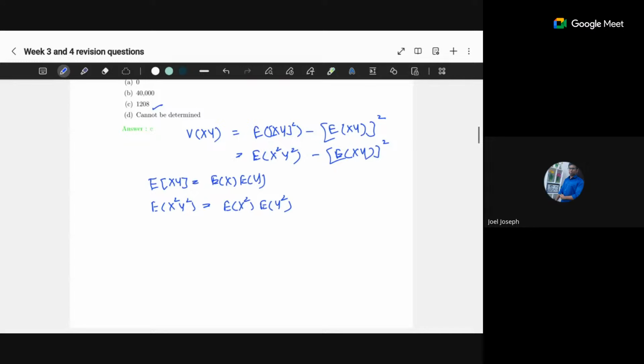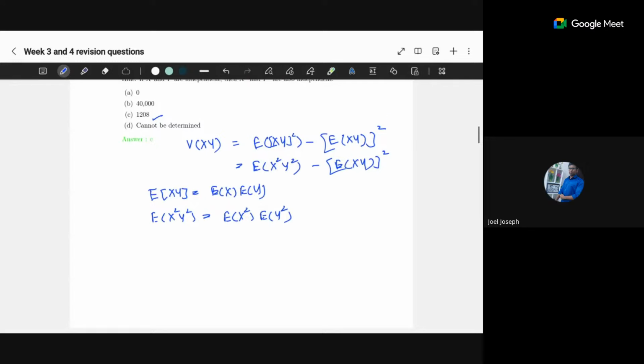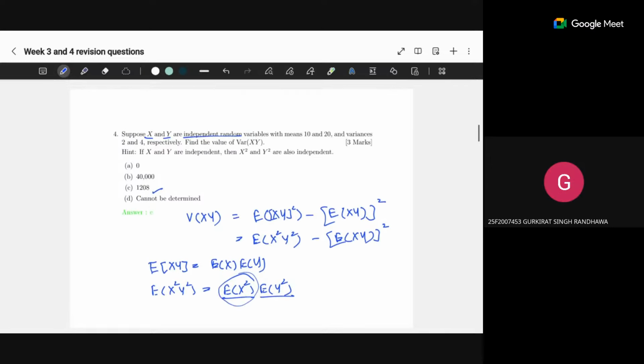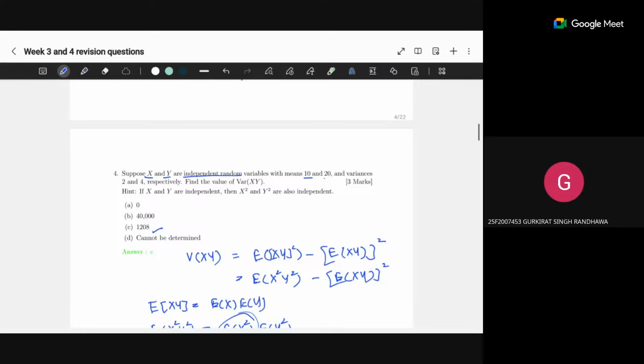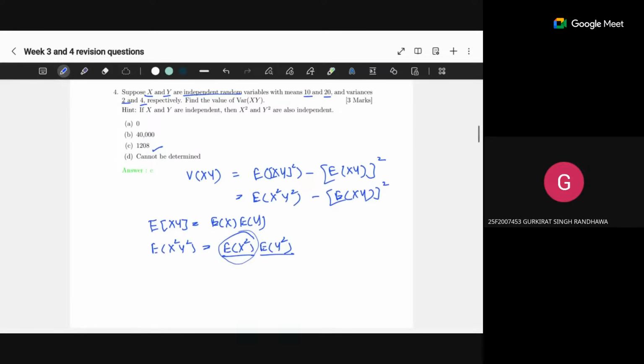So just you have to calculate. First you calculate expectation of x square, expectation of y square, then expectation of xy whole square. How can you calculate expectation of x square? Ma'am, because expectation is given, variance is given. We just put the formula. Now you got the hint. Now can you guys calculate the value? 102.